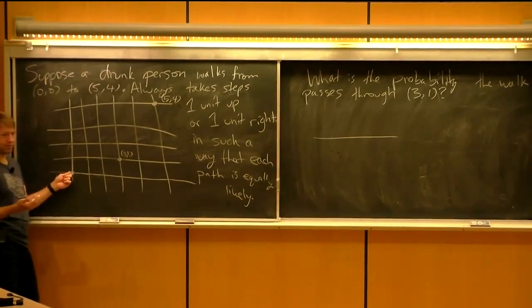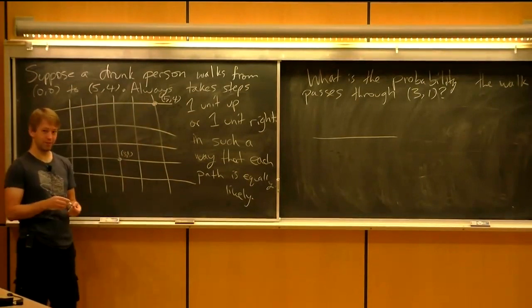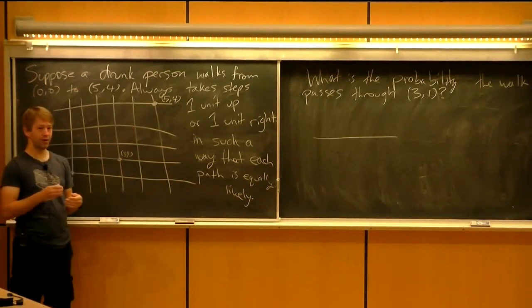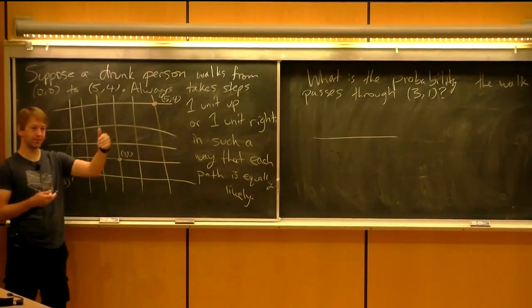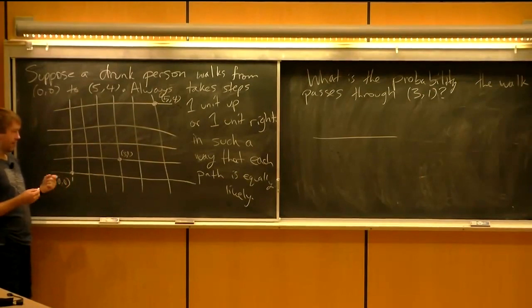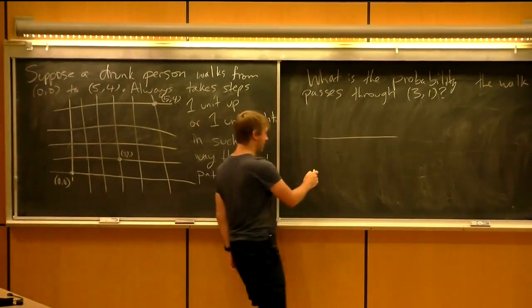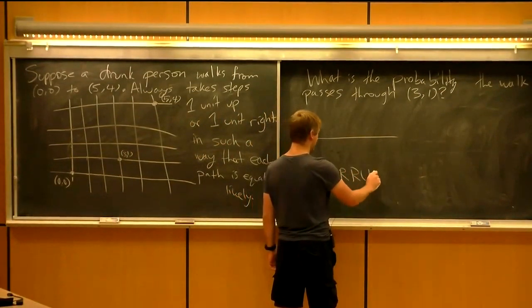Here's the principle. If I go from here to here, you're going to take 9 steps, right? Because I start at 0,0, I need to end at 5,4. So 5 of your steps have to be to the right, 4 have to be up. So you must take 9 steps. And then choosing a path just means choosing which of those steps go right and which ones go up. You can think of it as a sequence like up, up, right, right, up.